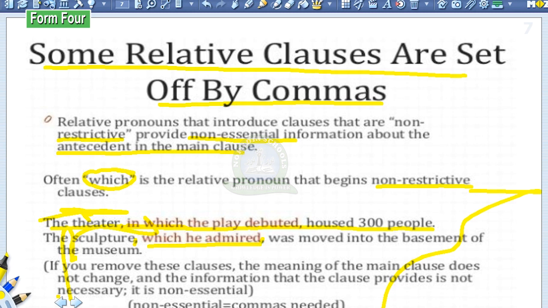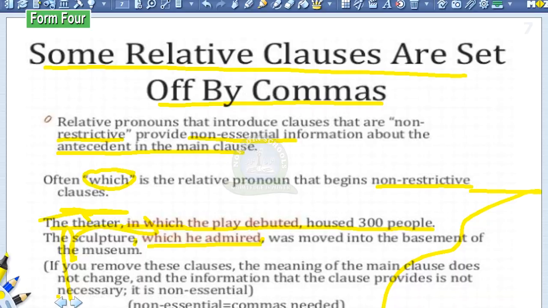Which he admired is a relative clause or dependent clause. I have two commas here and here. So since you have two commas, we're going to use which, but do not use that. Which is the relative pronoun that begins a non-restrictive clause, which has information that's not needed. If you remove this clause, the meaning of the main clause does not change.